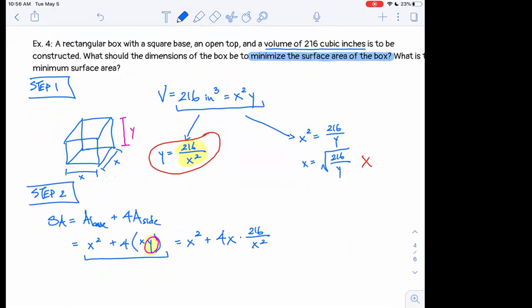Okay? And this equation is the one that I'm going to simplify, take the derivative of, and set equal to 0. And that will help me find the dimensions of the base that will minimize the surface area.